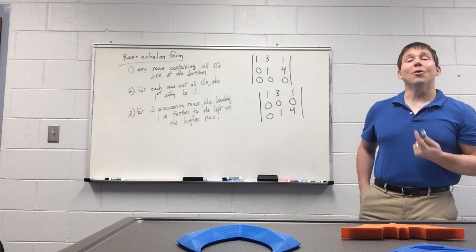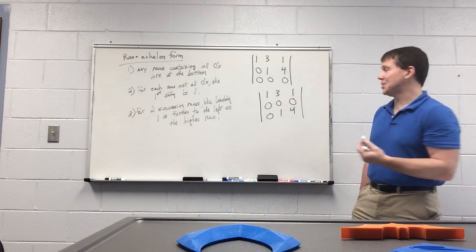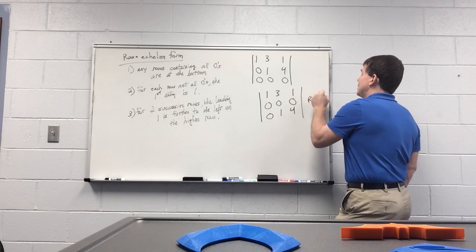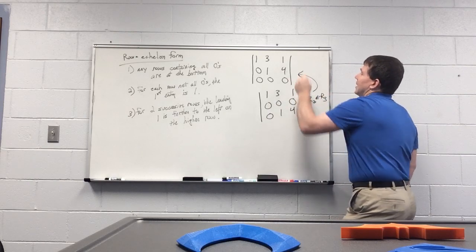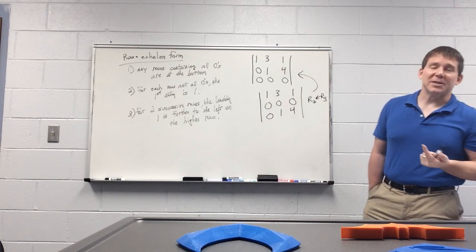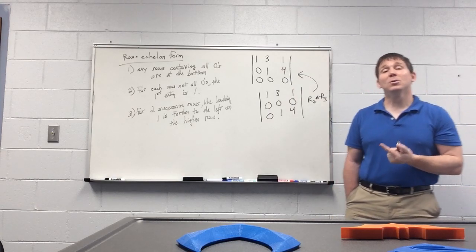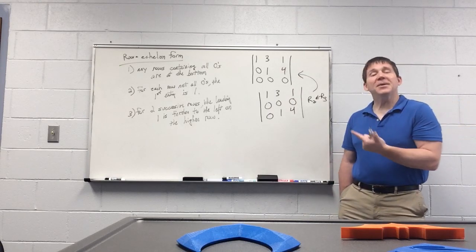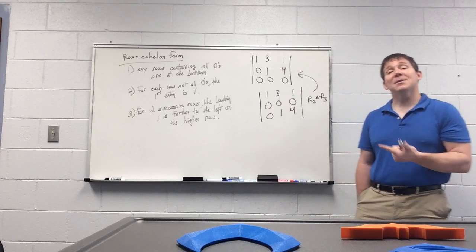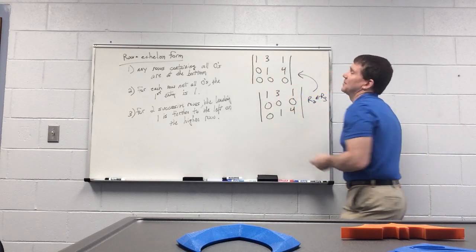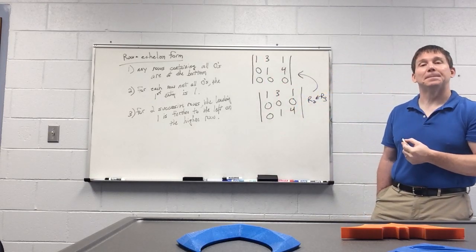But again, we know from our ideas about Gaussian elimination, I can just take row 2 and exchange it with row 3 and rewrite it that way to put it in row echelon form. So essentially, we're going to use our rules for Gaussian elimination to manipulate these matrices to get them in a form that's nice and neat that lets us find our solutions.